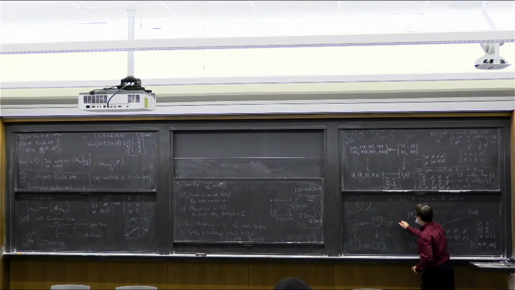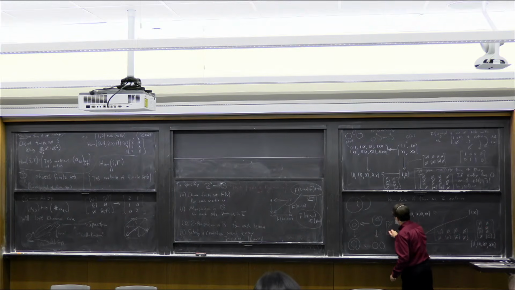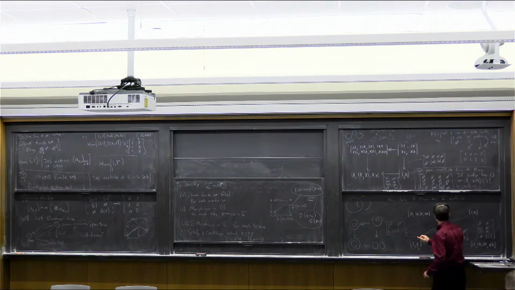Empty set. Ooh, how very exciting. EA, FB. EA, FB. And then empty set. So it's a matrix with one off-diagonal entry that's non-zero, non-empty, and it has two elements.